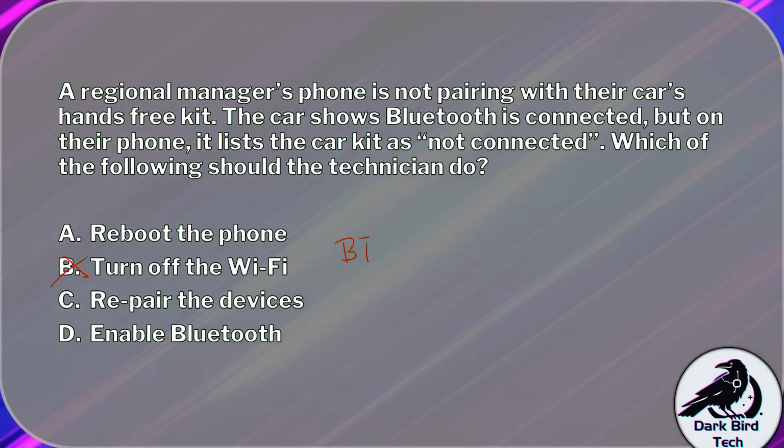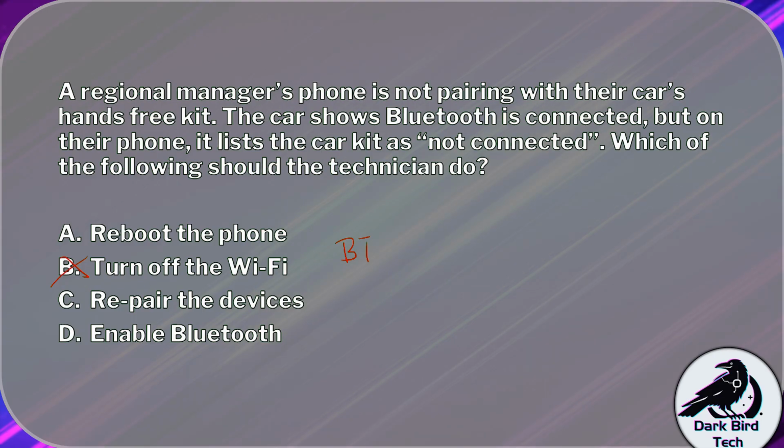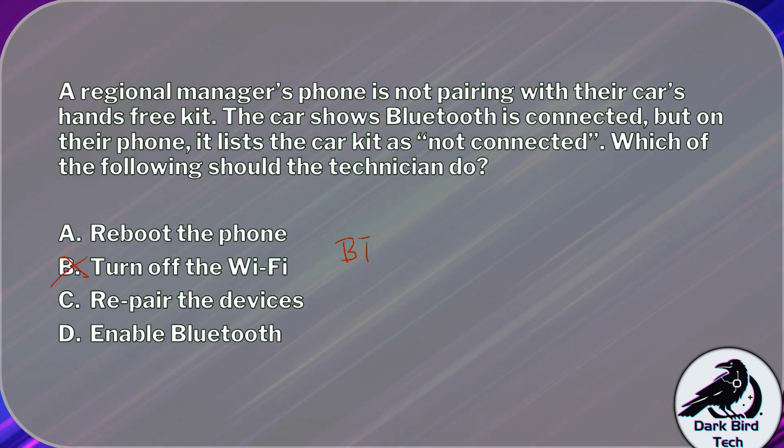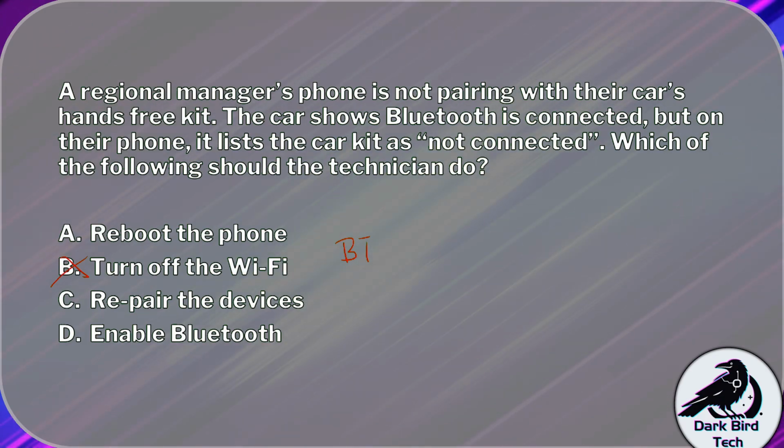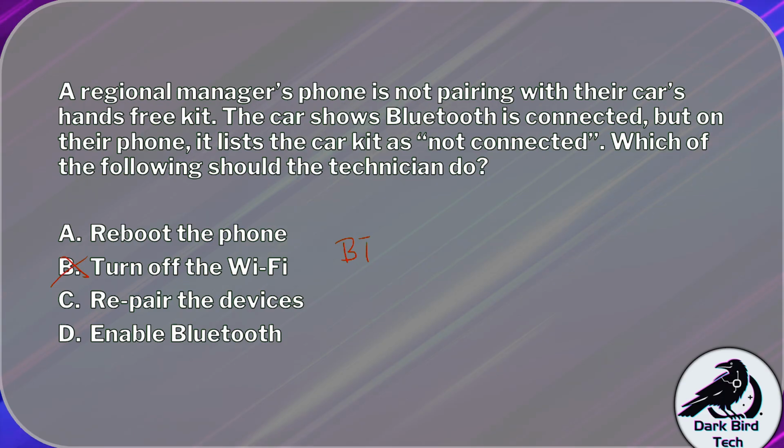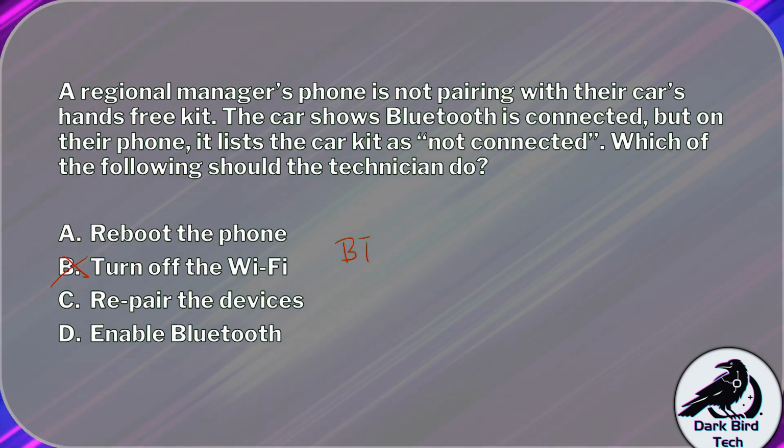Repairing the devices, this is something that you could look at doing, and it can be a bit quicker than rebooting the phone. So this is worth considering. And then enabling Bluetooth. Now, knee-jerk reaction a lot of you might be having is, well, that's a good option because one of the first bits of advice you get for troubleshooting is always check the thing is turned on, check the thing is plugged in.